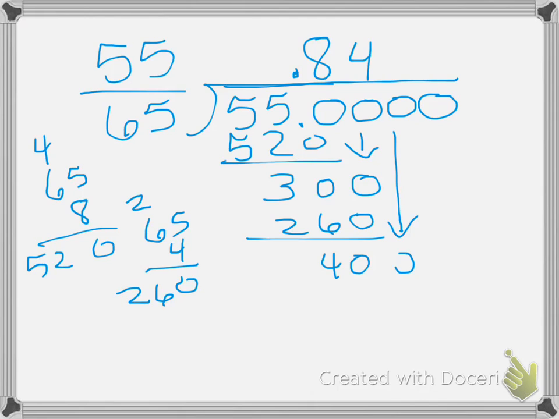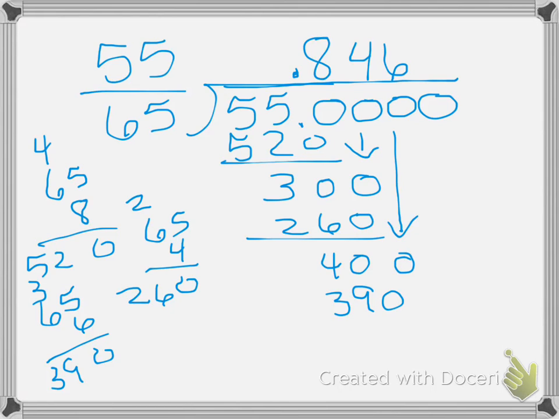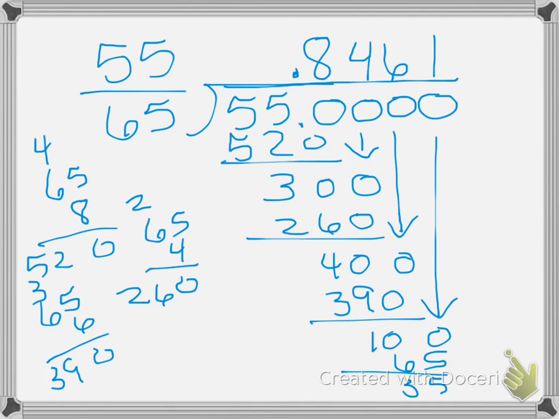Drop my next 0 down. 65 into 400 is probably going to go 6 times. That's 30, 39, or 36, and then 339. So yeah, 390. So that was, what did I say, 6? And then that only leaves 10. So drop my last 0 down, and I know it goes in there only once, and it doesn't really matter that I have 35 remaining because I've done the last 0.